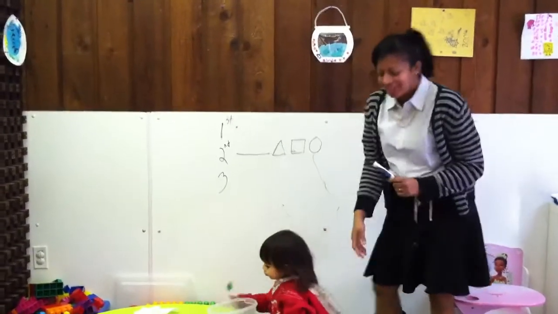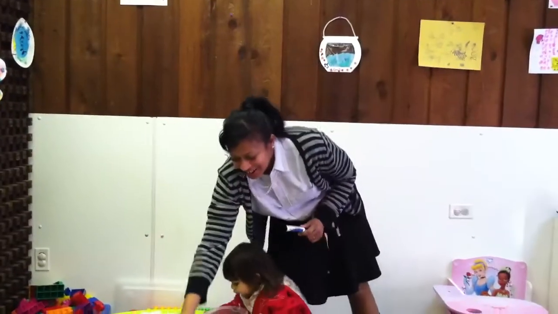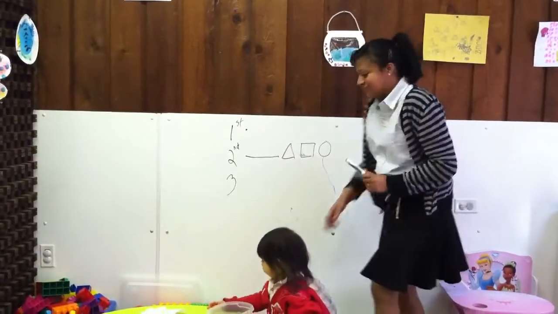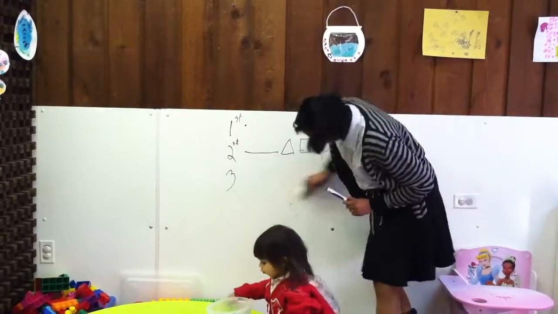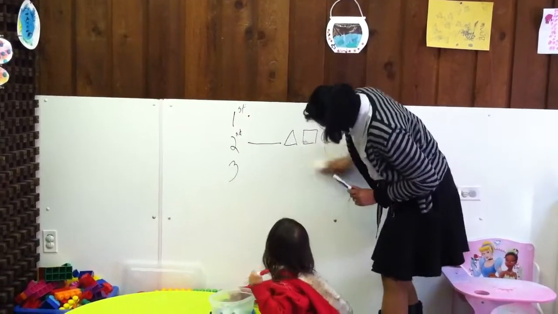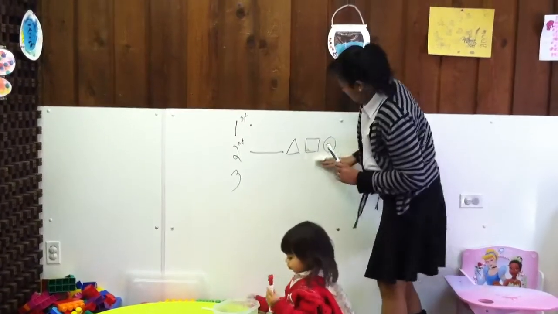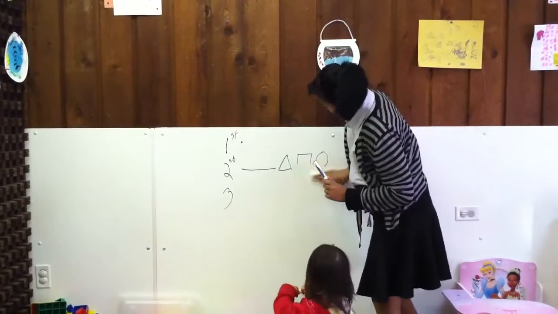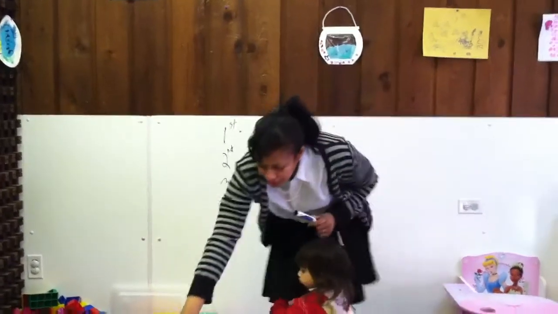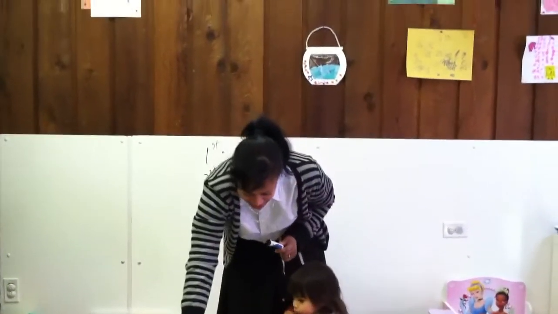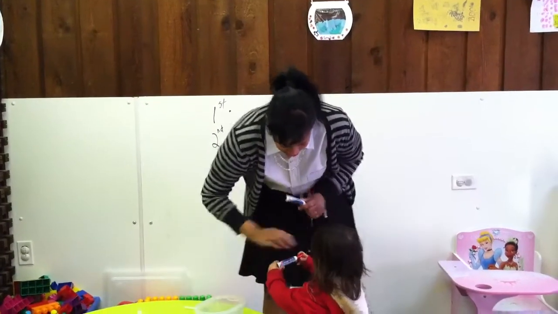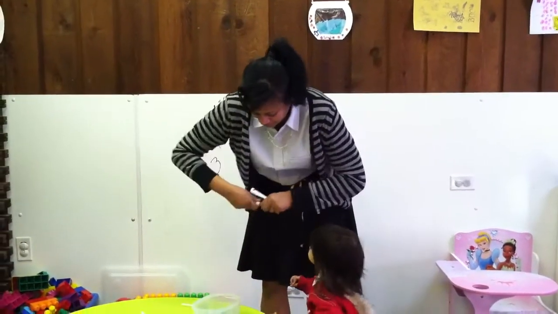That's awesome. Alright, let's get you over here. We're going to clean this up a little bit. Alright, let's draw in that book. That's a pretty girl. Oh, okay. Here you go.